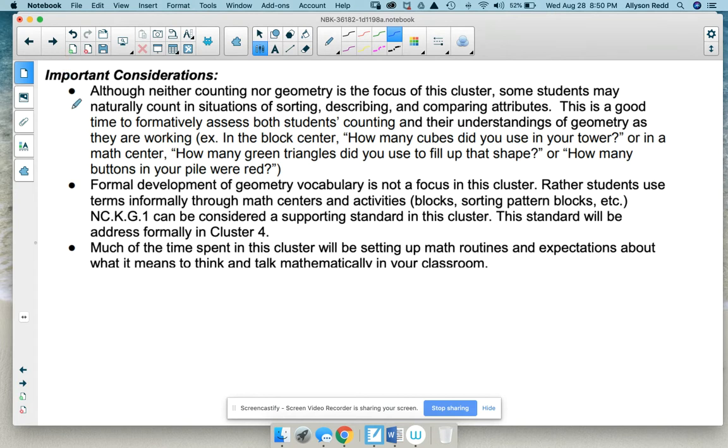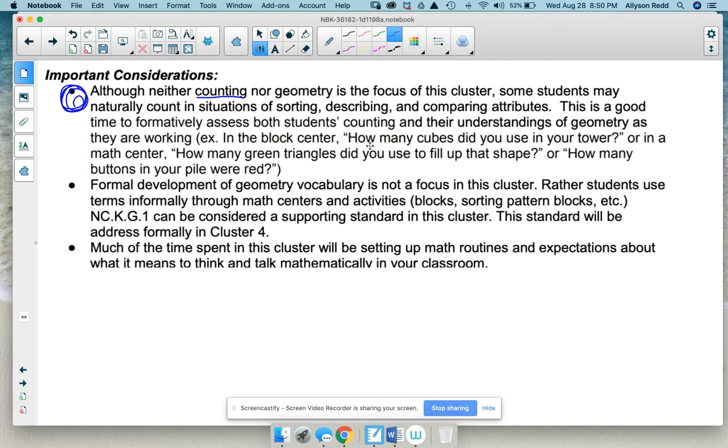These are some important considerations, and I think I just talked about this. Neither counting nor geometry is the focus of this cluster. So some students may begin to naturally count. That's fine. You can use this as a way to collect evidence about what they already know and their understanding of geometry. But again, you don't have to push it.